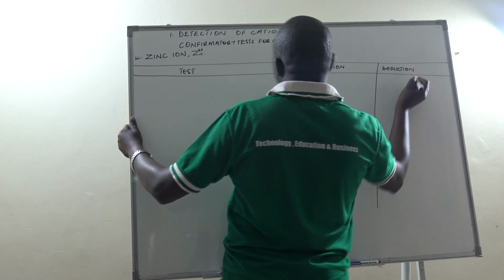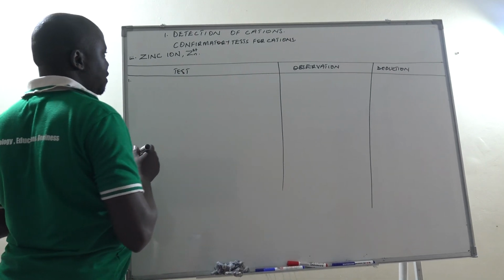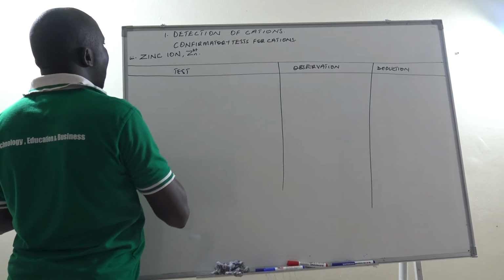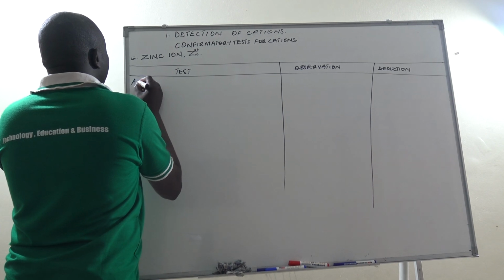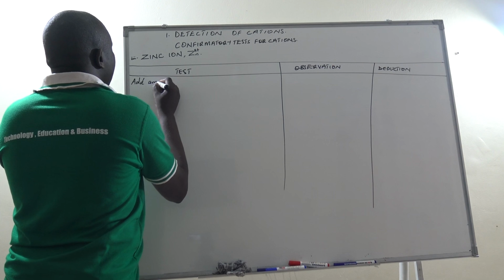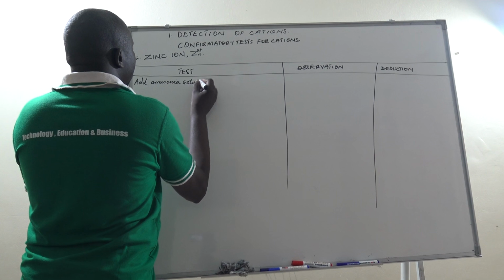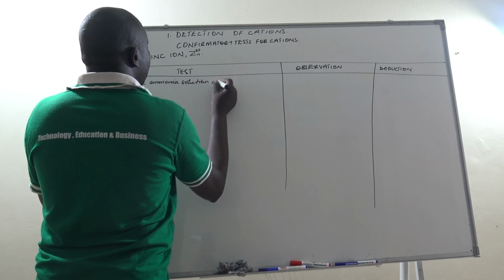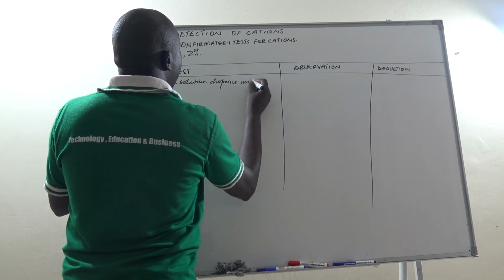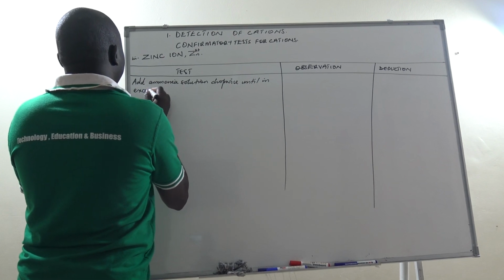So here we go. The reagent that we use in this case is ammonia solution. The procedure of the test is to add the ammonia solution dropwise until in excess.